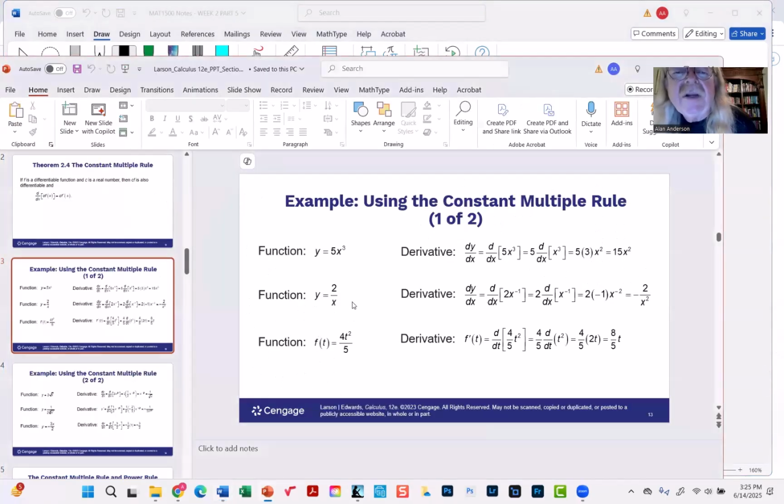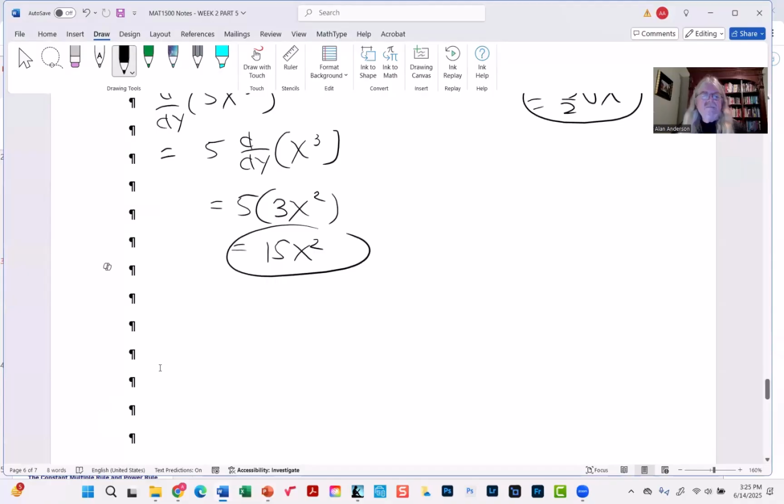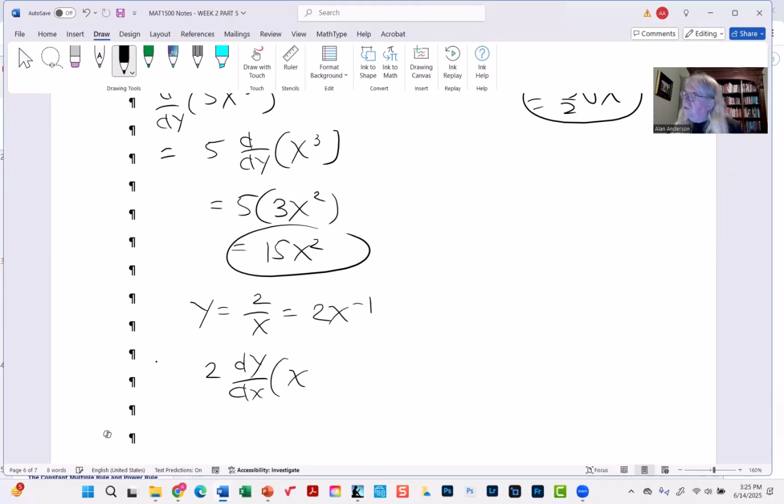Very clever. Okay, how about 2 over x? Again, you can think of it as 2 times dy dx of x to the minus 1.